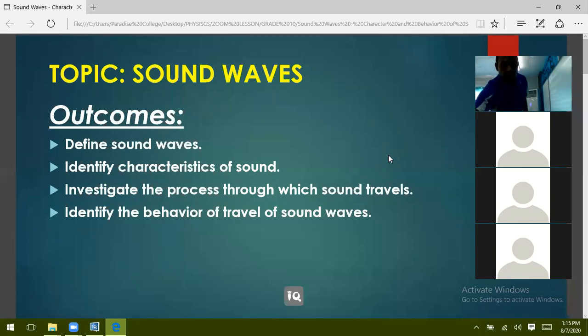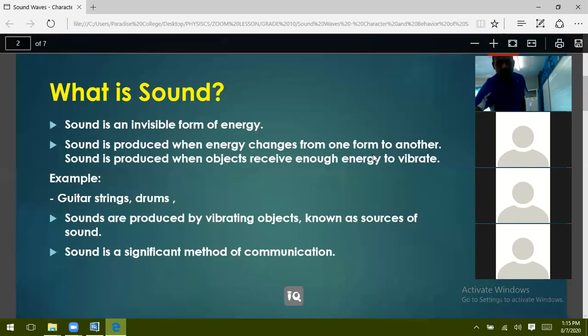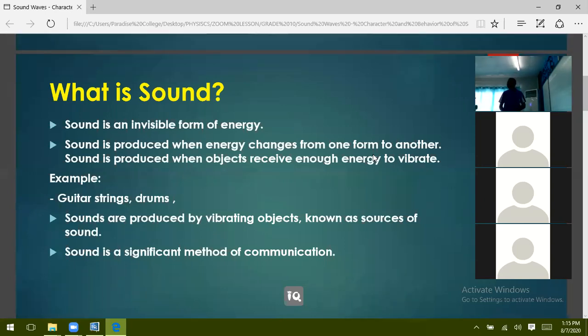So sound wave is what we're looking at. The question is, what is sound? Well, as you can see, sound is an invisible form of energy. Sound is not just a wave, but it is a form of energy.